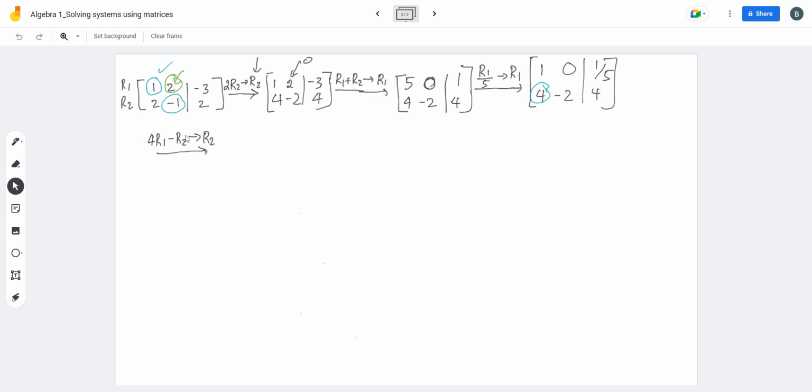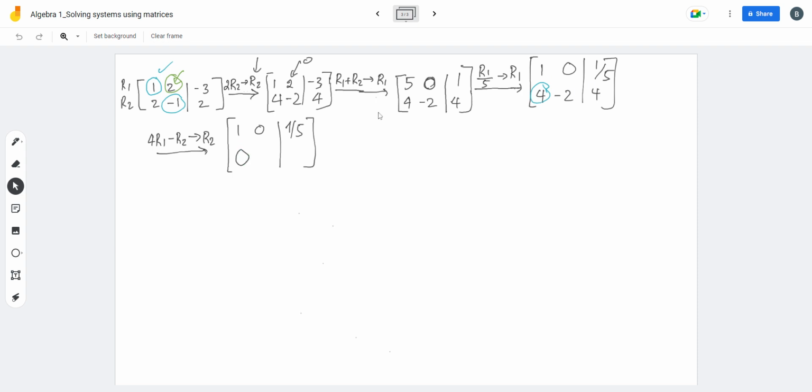Okay. So again, row 1, you don't do anything with row 1, just rewrite it. This helps a lot. So 1 over 5. And then here, so 4 times row 1 here is 1, so 4 times 1 equal to 4, and 4 minus row 2 here, so 4 minus 4 equal to 0, so I would write 0 here.